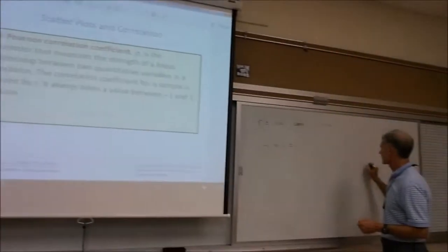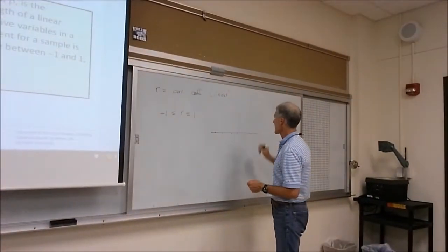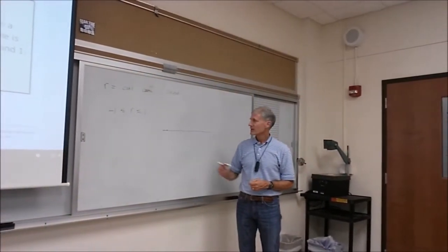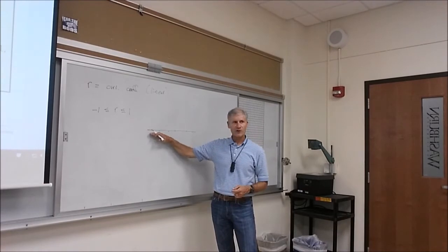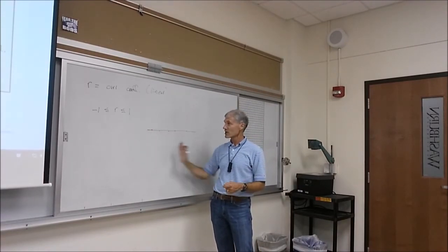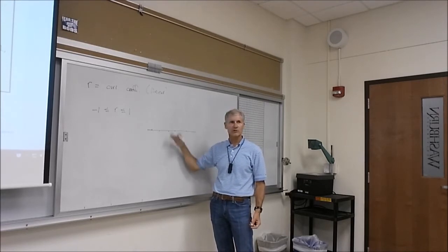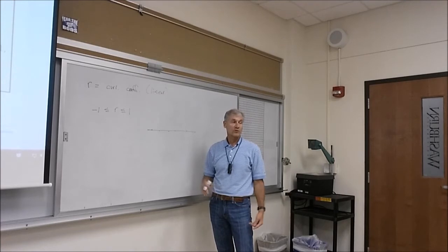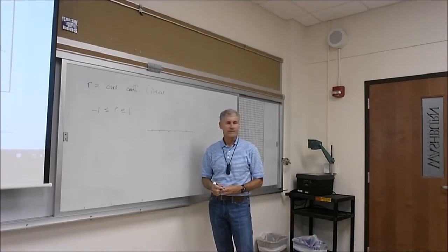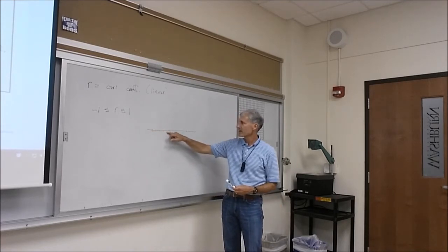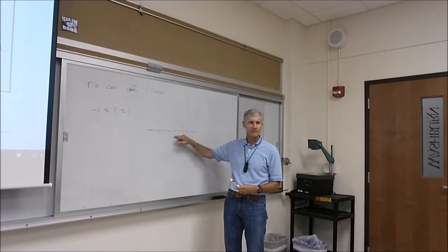I can't draw them that perfectly, but exactly on a horizontal line, that looks like perfect correlation, but since the slope is 0, it's saying y does not change as x changes. X does not help me predict y. So there's no correlation. The salary is staying the same no matter how many touchdowns we score.